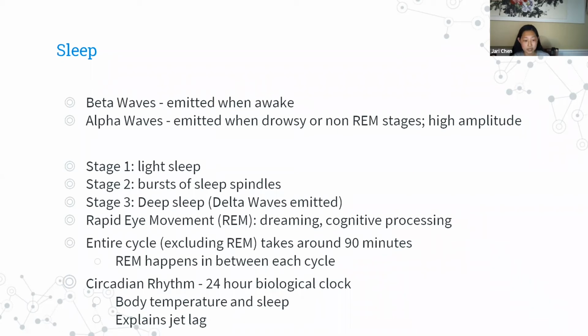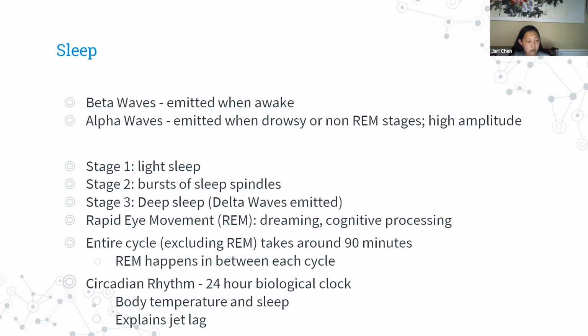If you get into sleep debt, over a long period of time, like if you don't get enough sleep, then the stages of sleep will be shorter, and you can make up on REM sleep. For example, if on a normal day the cycle of sleep is 90 minutes, then if you were in sleep debt, it may only take around 30 minutes for you to get into REM sleep.